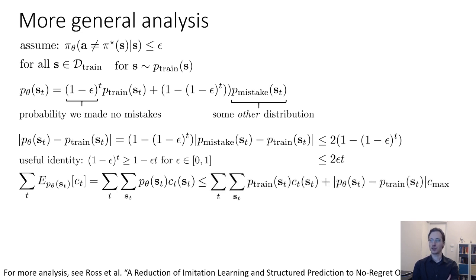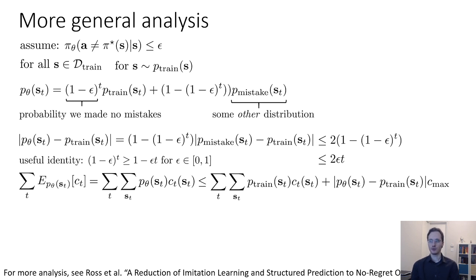And we can express a bound on this cost in terms of two terms: p_train times the cost plus the difference between p_theta and p_train. The way that you get this inequality is just by writing p_theta is equal to p_theta plus p_train minus p_train, right? If you add and subtract something, that's all good. Then we group the terms and we put absolute value around p_theta minus p_train, because the absolute value of a number is always greater than or equal to that number itself. So that's how we can get this bound.